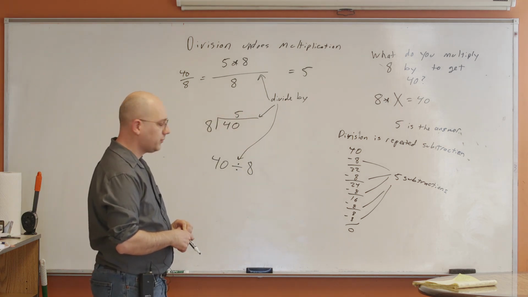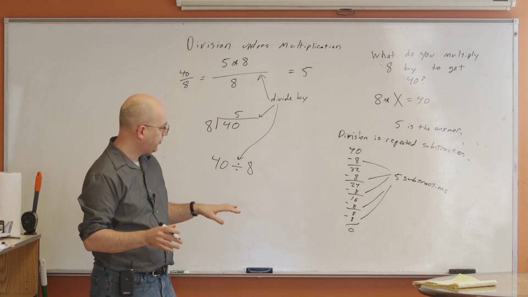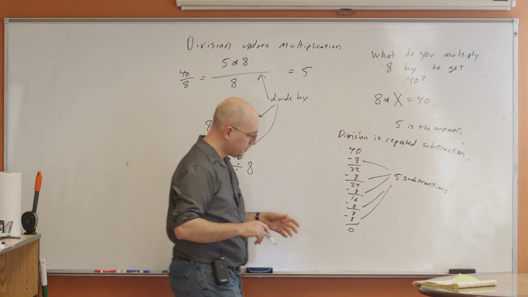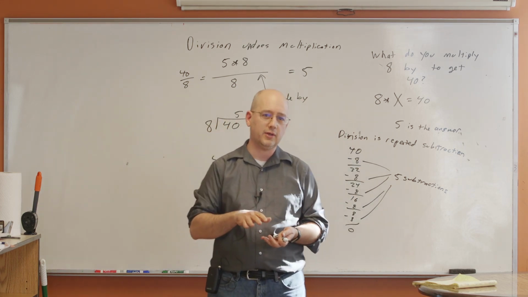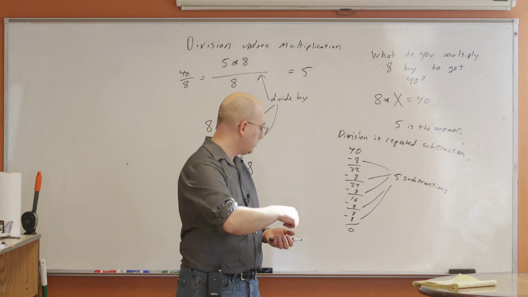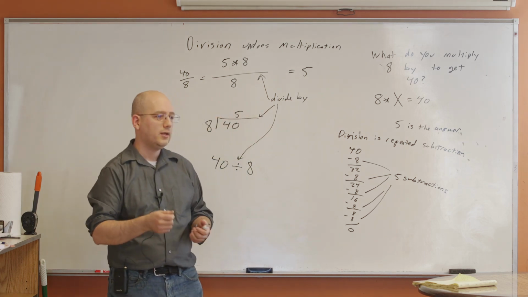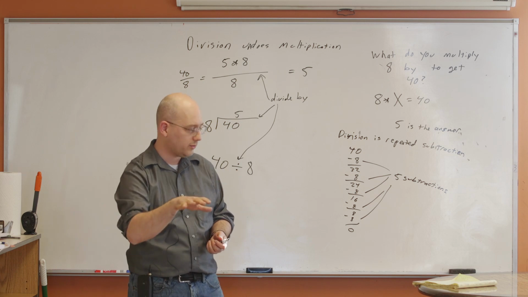All right. Mentally, you can view what we're doing in a couple of different ways. Let's say I've got $40, and I want to split that money up among 5 people. Then the division problem would say give each of those people $8, right? So that's one view.